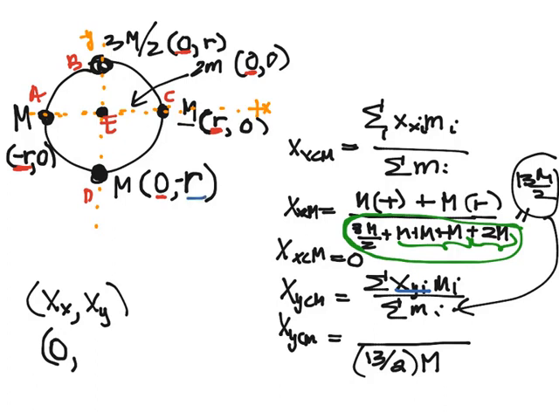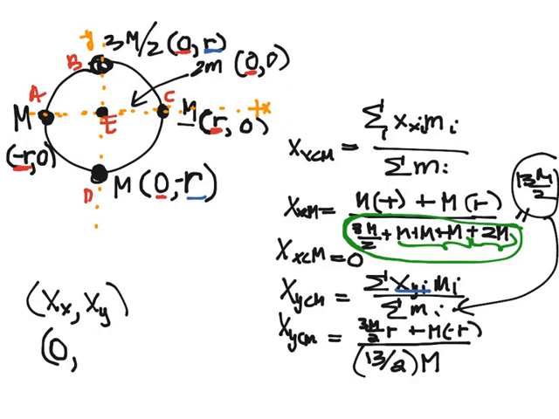So that's the ones I'm outlining in blue, and there are only two of them, objects B and D. For object B, its mass is 3m over 2, its distance is r. And for D, I have plus m times negative r.